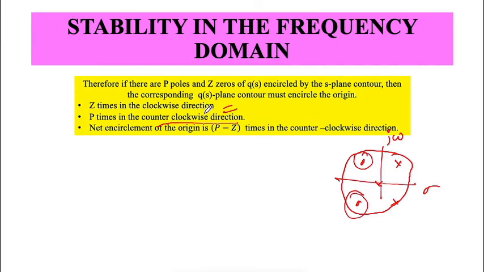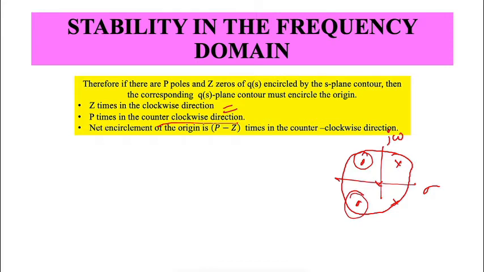So we know about encirclement, the mapping from the S plane to the Q(s) plane. What happens if the poles and zeros are encircled in the S plane? How does it reflect on the Q(s) plane? That I know now. What is the relation to stability and the standard zero form?